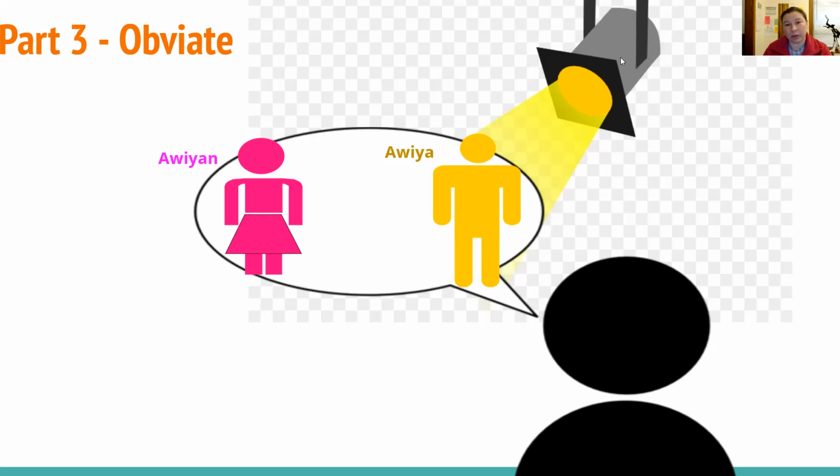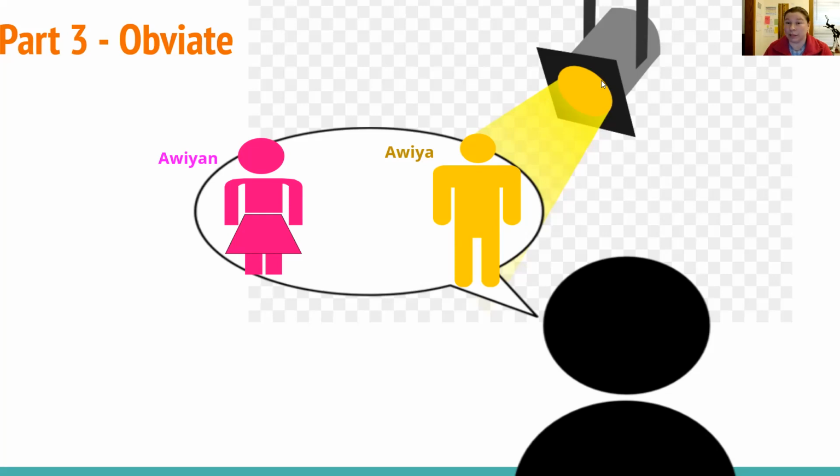So here we're telling a story, and we've got our spotlight on Awia, and this person can have interactions with others, and through the conjugation and through the marking of the other with an N at the end, we can have a really rich description of the scene.